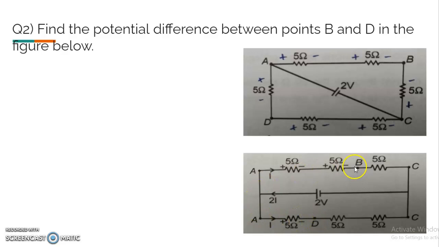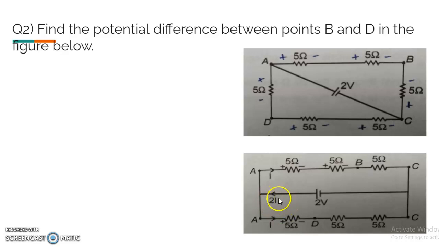Alright. So now, since these two branches are parallel to this voltage, we don't have to worry about the kind of volt entering each of these branches. It is going to be 2 volt in each because we have learned that in parallel combination, the voltage across each of the branches will be the same.